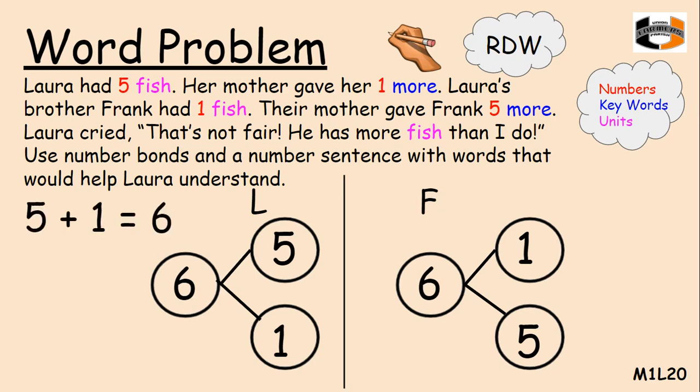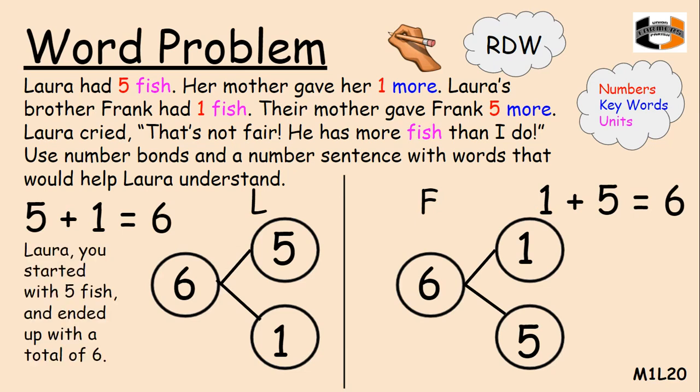We can show the number sentence for Laura. 5 plus 1 equals 6. And we can show the number sentence for Frank. 1 plus 5 equals 6. So now we're supposed to help Laura understand why this is fair. Laura, you started with 5 fish and ended up with a total of 6.